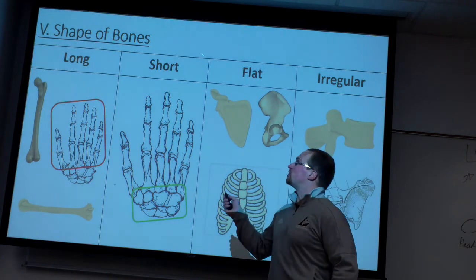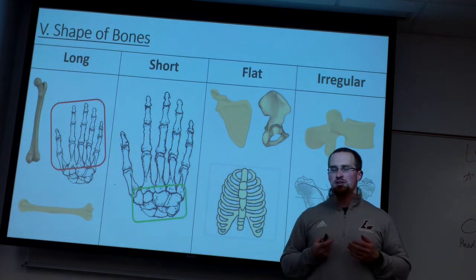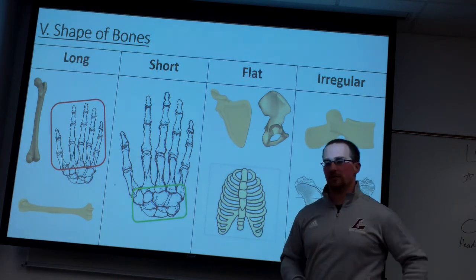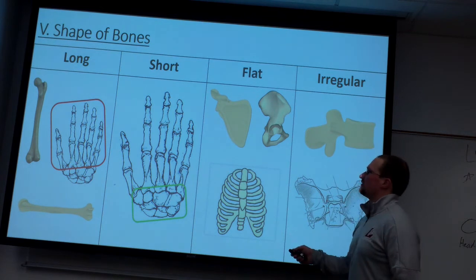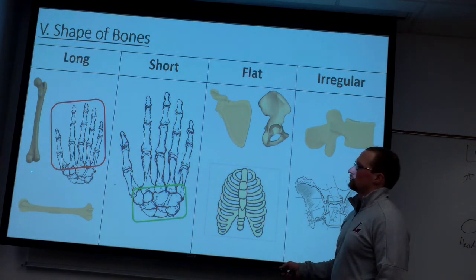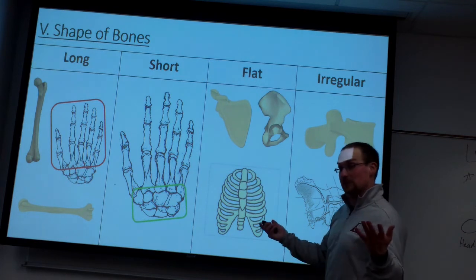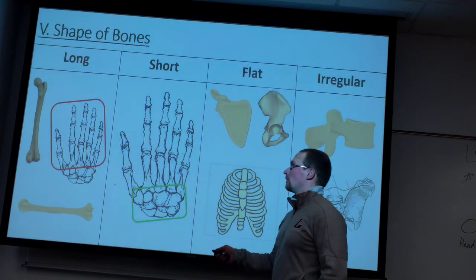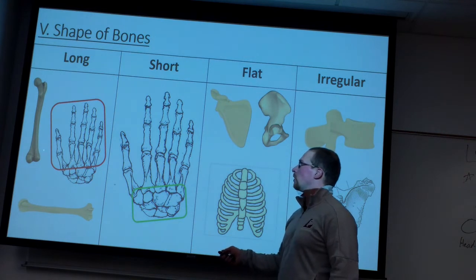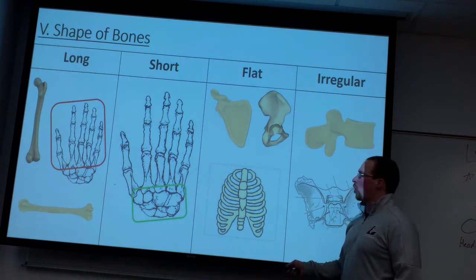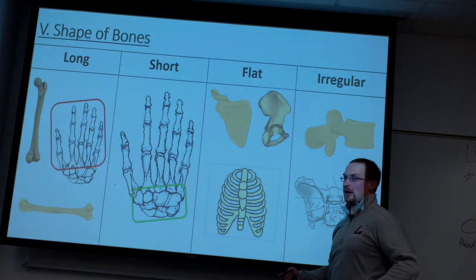Next section, the shape of bones. I'm not going to quiz you on this, but I just want you to have a general idea of what these terms mean. So starting on the left there, the long bones, any bones that are long and thin. Duh, you're talking about your leg, your arm, or your fingers. Those are long bones. Short bones, like the bones of your wrist, they're the opposite.